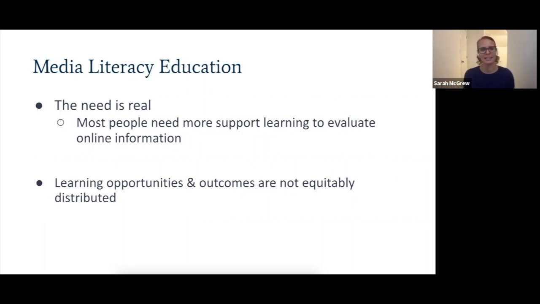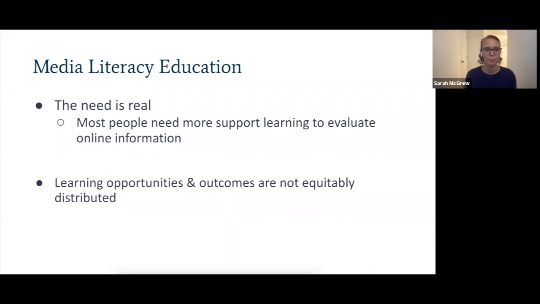And the first thing I want to highlight is that the need for this is really, really real across the population. I've done extensive research on how middle school, high school, and college students evaluate online information, and found that really across the board, there are massive struggles that young people have to effectively evaluate online information.